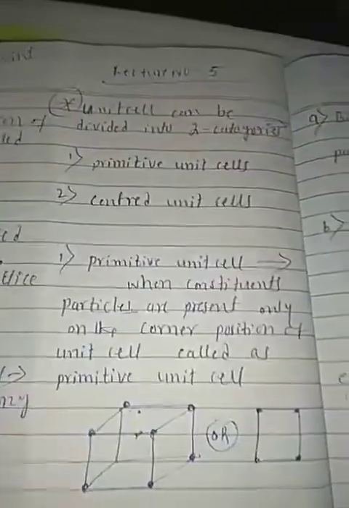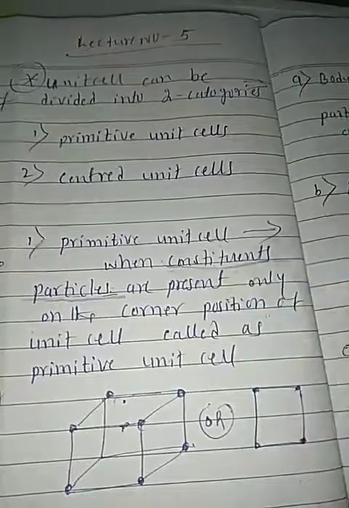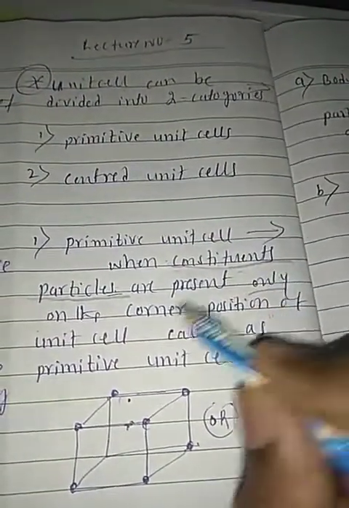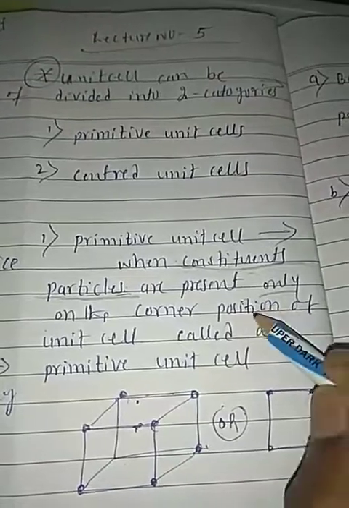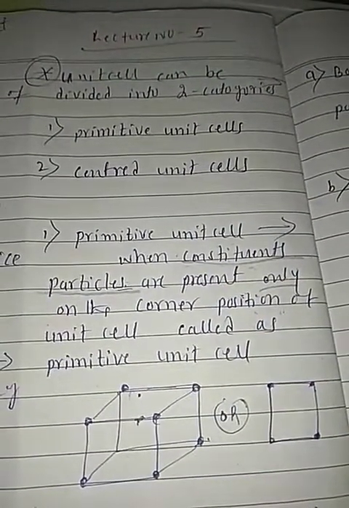Atoms, ions or molecules are called constituent particles. When constituent particles are present only at the corner, that is called a primitive unit cell.